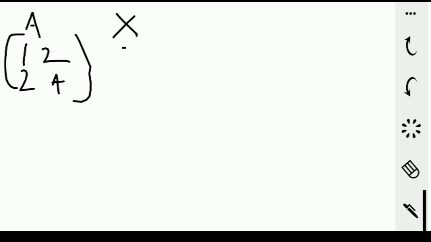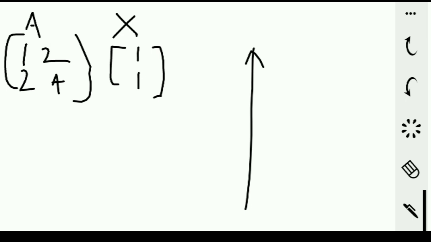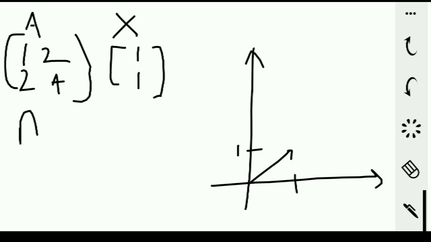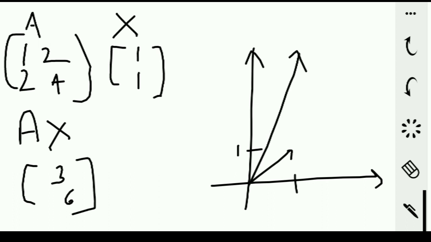But in another case, if you have this A matrix 1, 2, 2, 4, and another column vector 1, 1, it will be here like 1, 1. If you multiply this A into x, then you will have 3, 6. So 3, 6 will rotate like this; it rotates with respect to this column vector.